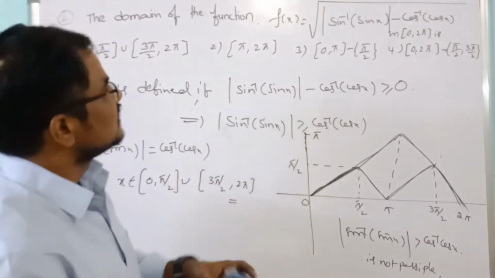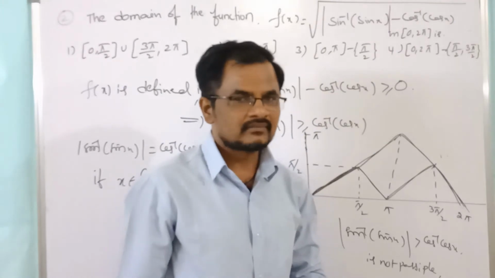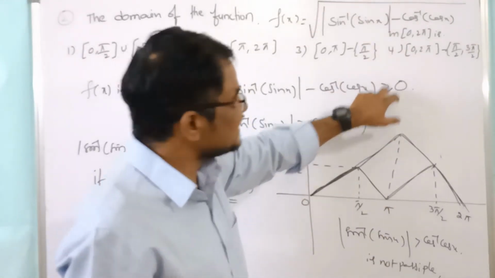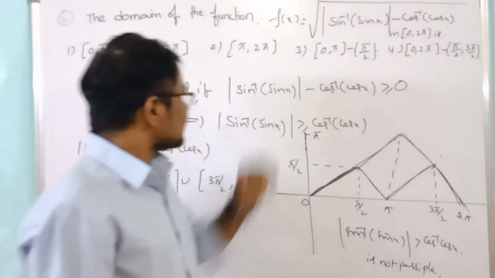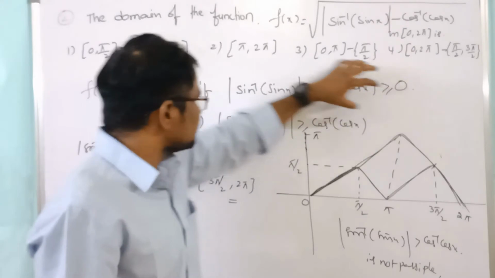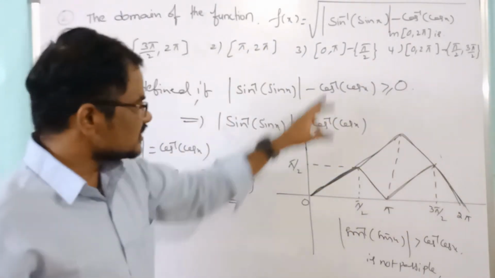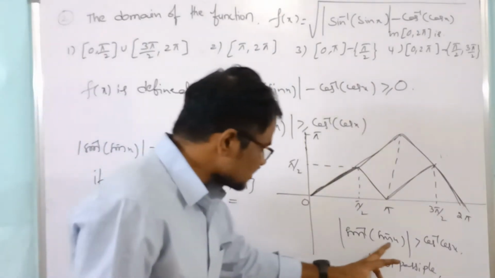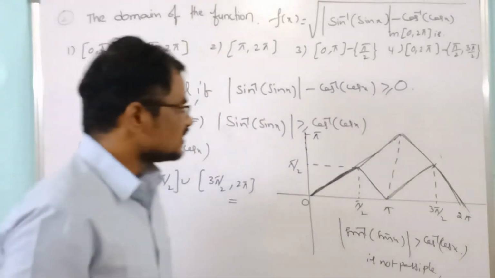Once again, listen. This is of the form f of x equal to root g of x, so we know that the value under the root must be greater than or equal to 0. In this interval we have to find the domain of this function. For that, it is greater than or equal to 0, meaning you take the graph of modulus of sin inverse of sin x and the graph of cos inverse of cos x, right? But modulus of sin inverse of sin x greater than cos inverse of cos x is not possible.